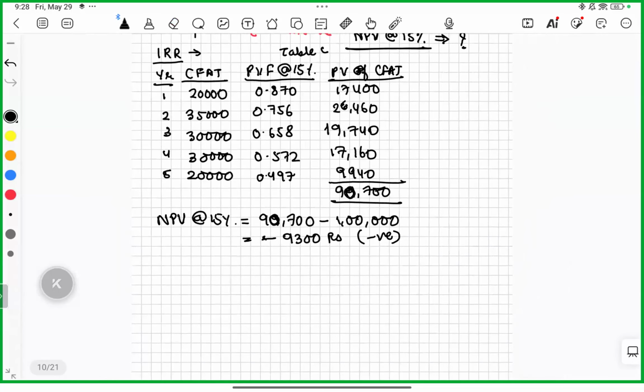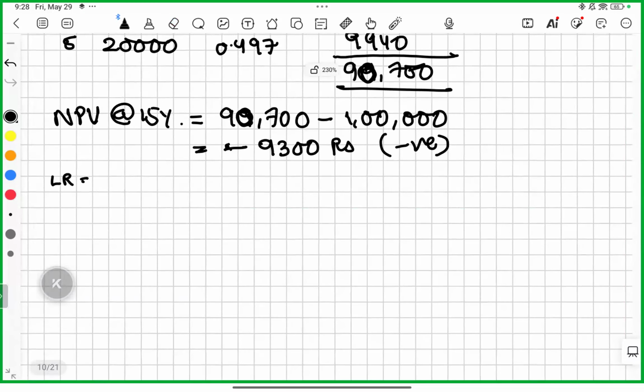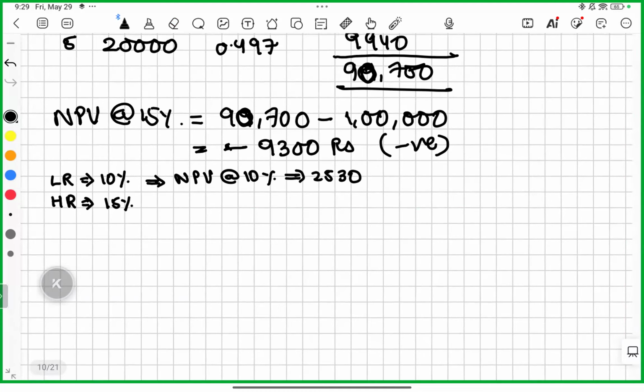Here you have to remember two things. One is there is a lower rate. Lower rate is 10%. There is a higher rate. Higher rate is 15%. At lower rate, your NPV will be positive. NPV at 10%, we found out earlier, 2530.